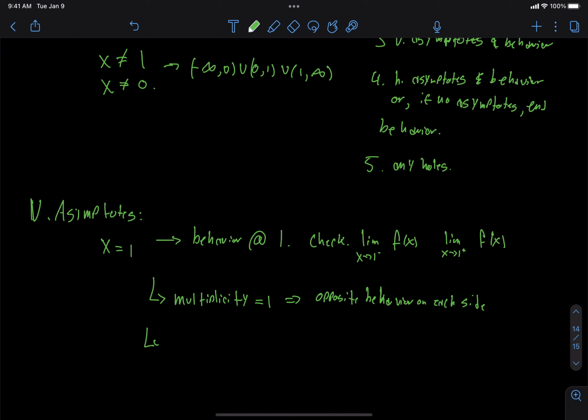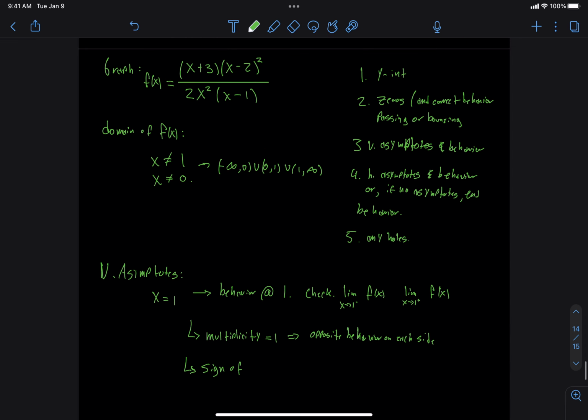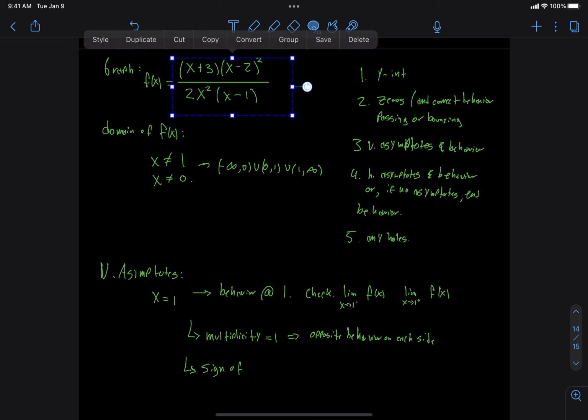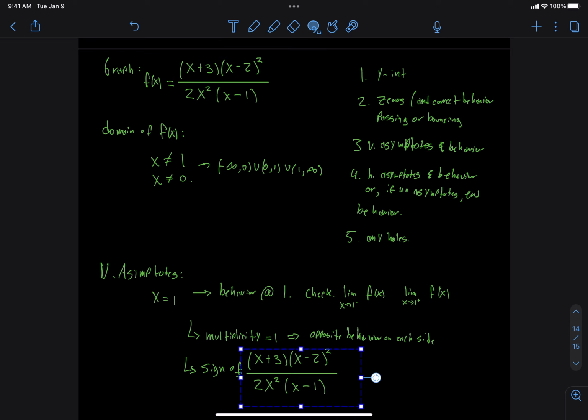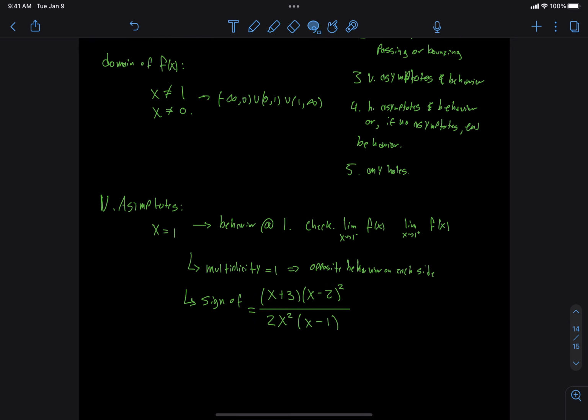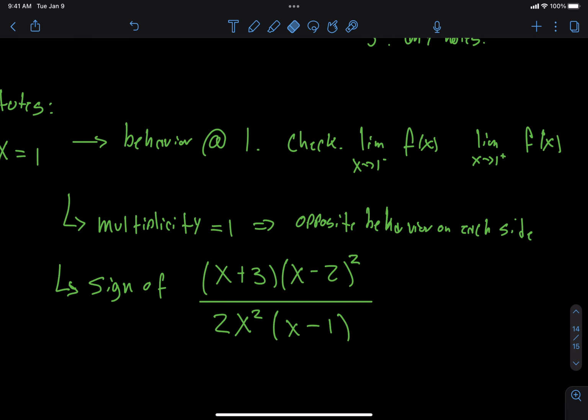And then I also need to check what is the sign of the leftovers, which by the leftovers I mean what I get when I plug in.